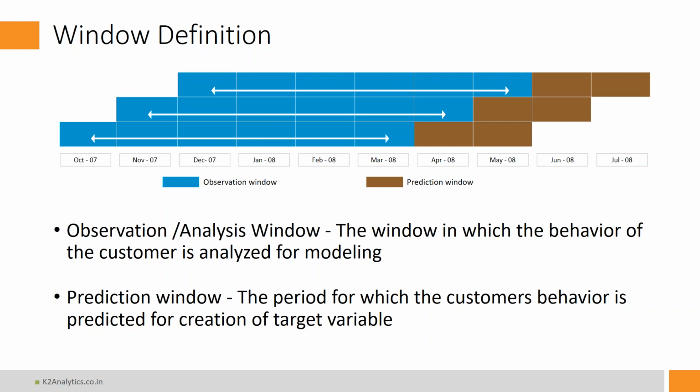Or, after lots of attempts of tweaking x1, how those transformations are done we will see later, but for now assume there are transformations that we do, after doing lots of transformations of x1, it keeps coming significant in development, but it keeps coming insignificant in validation. The only step that I can now do is drop x1 from the final model and create a final model which is not having x1.